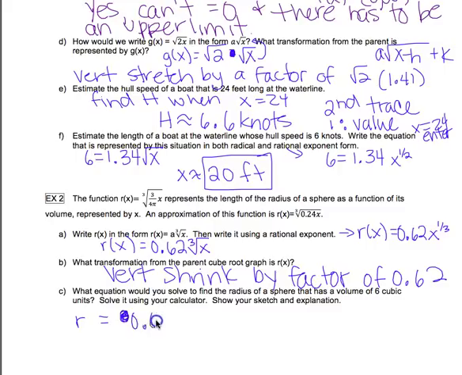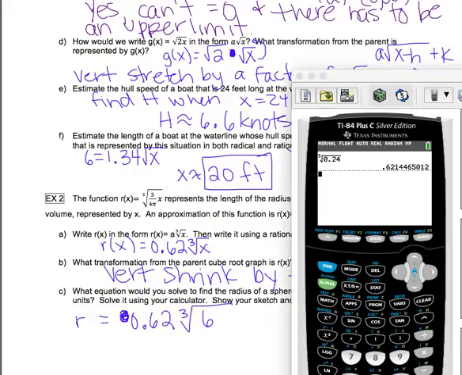So 0.62 times the cube root of, in this case, x, which would be 6. So this would be our equation. In this case, our variable is already by itself.